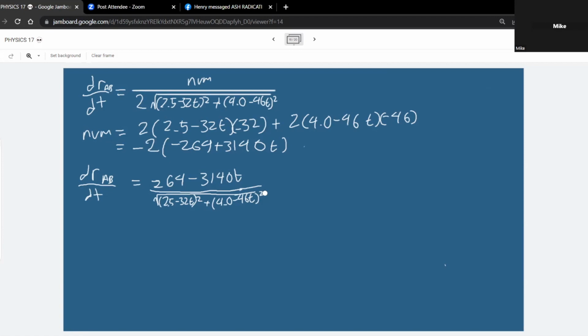Paki-check ng signs. So, okay, teka, tingnan ko lang yan. Algebra. 2.5. So, minus. Okay, so this is going to be plus. Algebra. Teka.